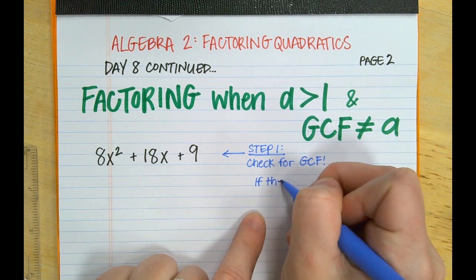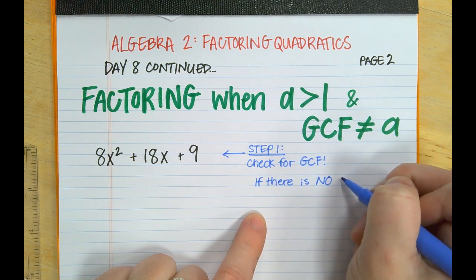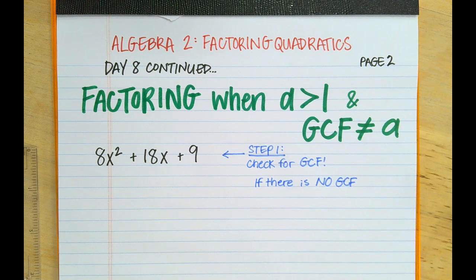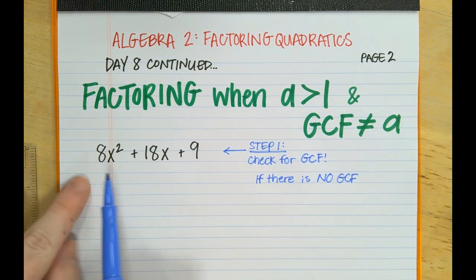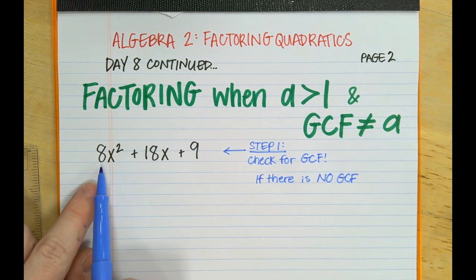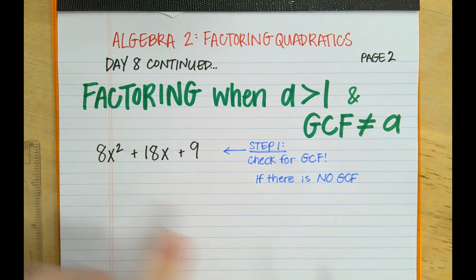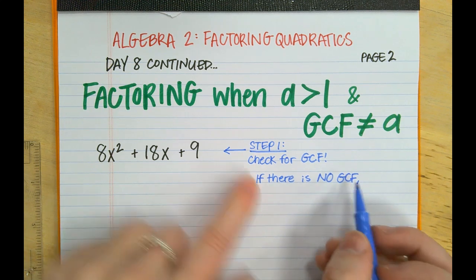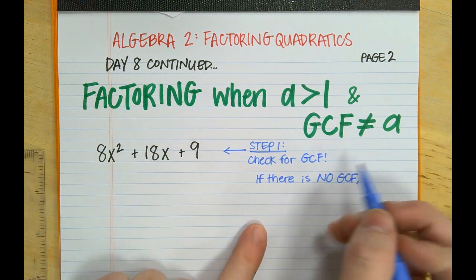If there is no GCF, we're going to break down here, and I want to give you specific instructions for what's happening when we choose the 8x and x or 4x and 2x. So if there's no GCF, then we want to look at all the factors of the leading term here, and I'm going to explain that.